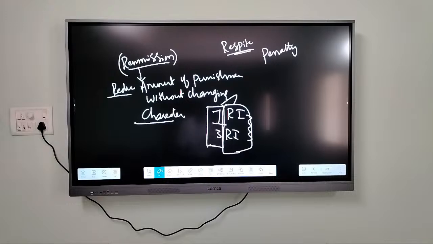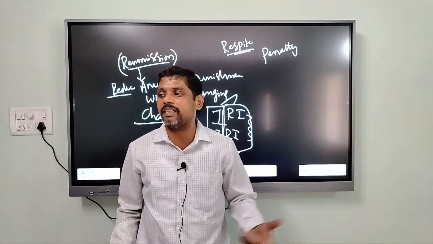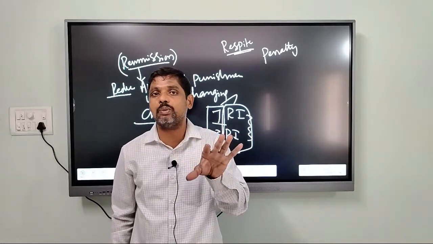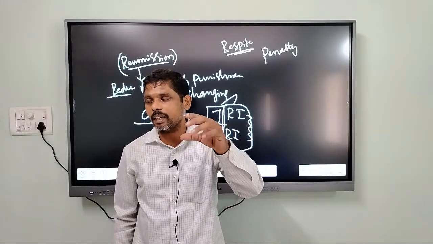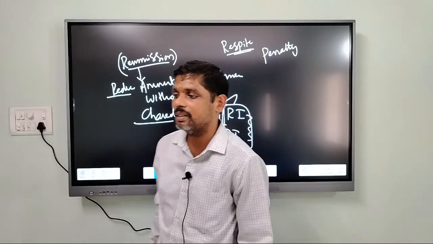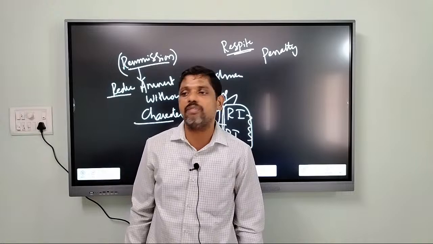Normally, say for example, if a woman is convicted, and think that woman is a pregnant woman. If a pregnant woman is convicted, whether it is wise, morally, to jail a pregnant woman.